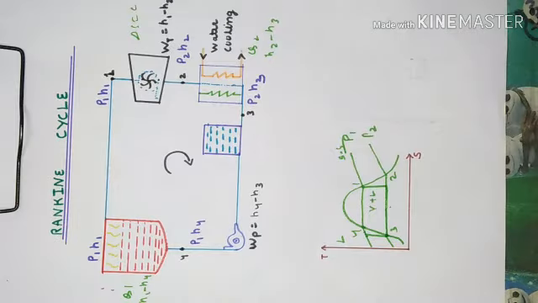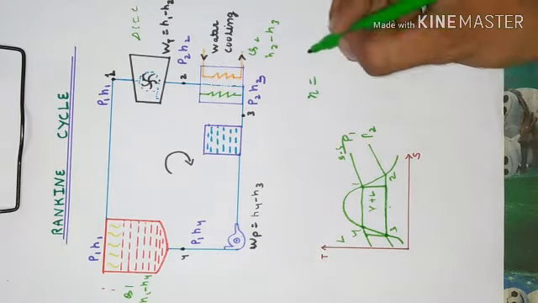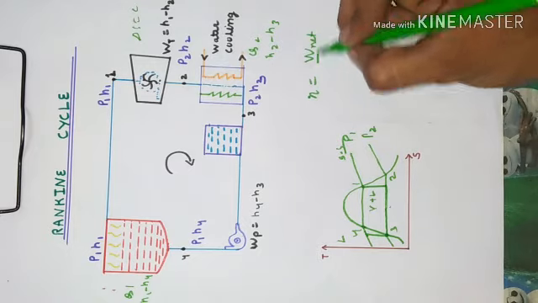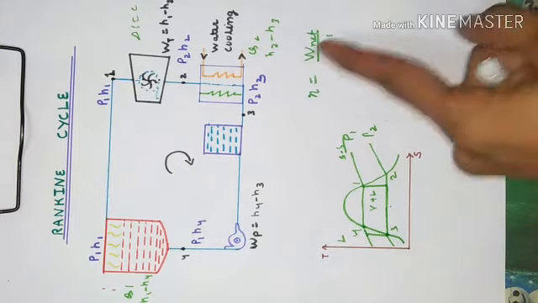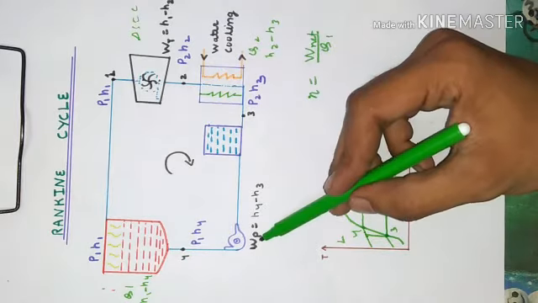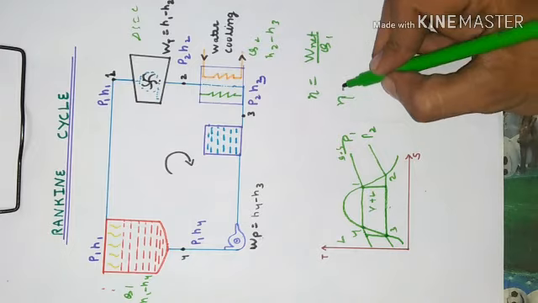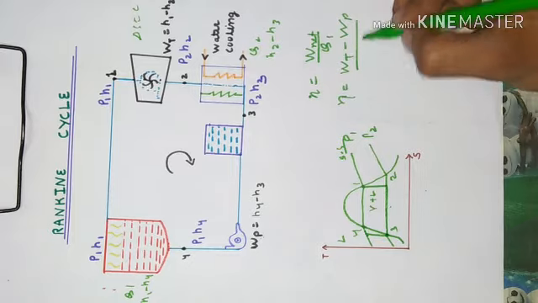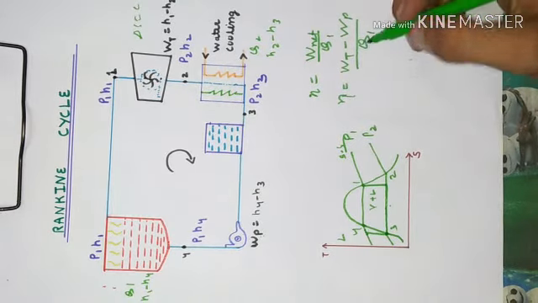After the TS diagram, we find the efficiency of the Rankine cycle. The efficiency of the Rankine cycle is the net work upon the heat supply, Q1. What is the net work of the Rankine cycle? It is the work done by the turbine minus the work done by the pump, WT minus WP, upon Q1. We have to calculate the efficiency of the Rankine cycle with the help of this formula.